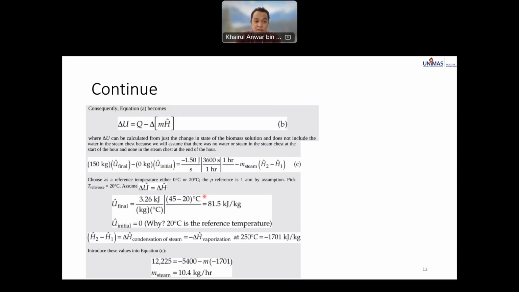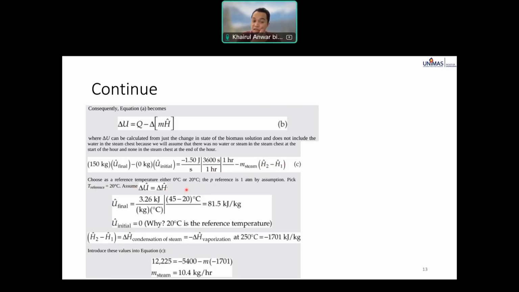So 150 kg U final minus 0 kg U initial equals negative 1.5 kilojoule per second, which is Q loss, with unit conversion, then M steam times the enthalpy.